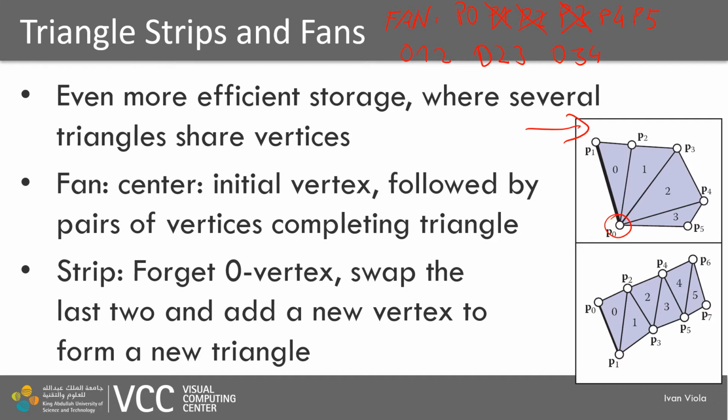Then we forget P3 and we will have 0, 4, 5. We can see that we have described 4 triangles just by saying that the sequence is a fan and describing the 5 vertices. So this is quite an efficient representation of 4 triangles.